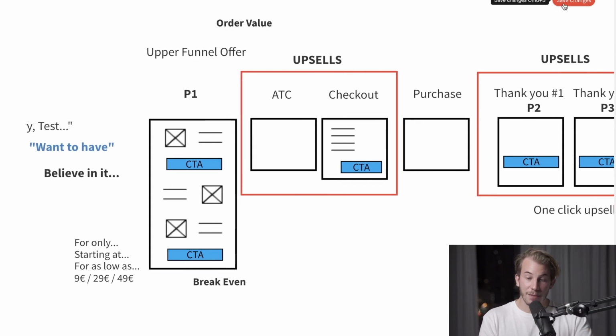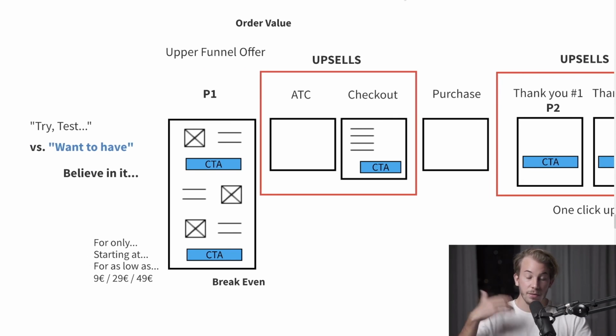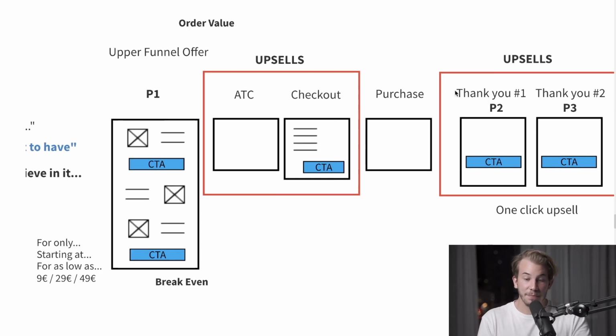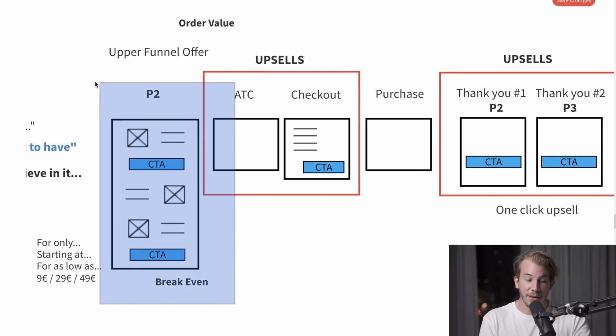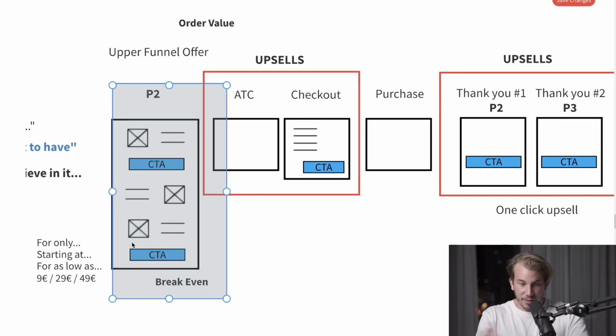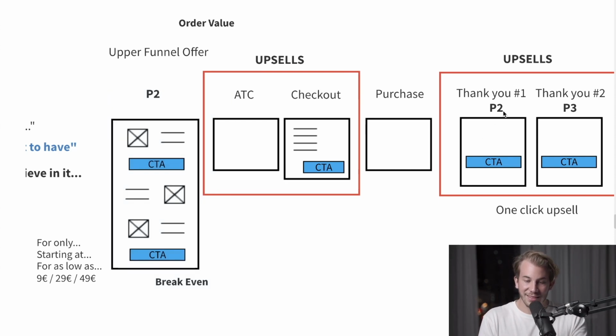They want to buy the higher price. They want to buy the subscription. They want to sign on to the big plans and get the big products from you. And then your next funnels basically start with the P2 here. You have a proper landing page, a proper sales page for the next product, which is now becoming relevant for your customers that go through this journey. And you have your other products here.